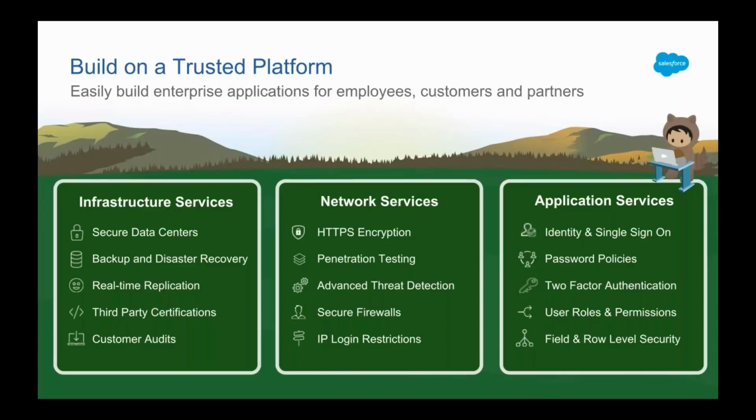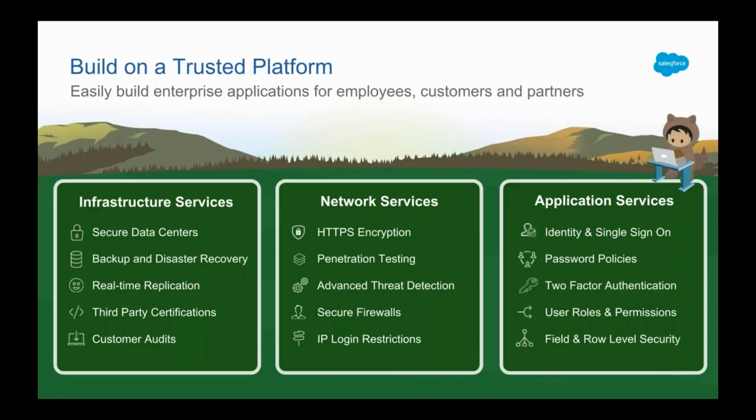Okay, so what do you actually get when you build on the trusted platform? First of all, let me emphasize how Salesforce is the trusted platform because at Salesforce, our number one corporate value is trust. There's over 5.5 million apps built on the Salesforce platform because Salesforce provides trusted services.